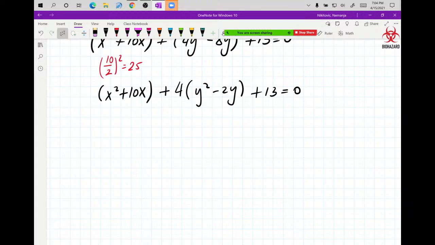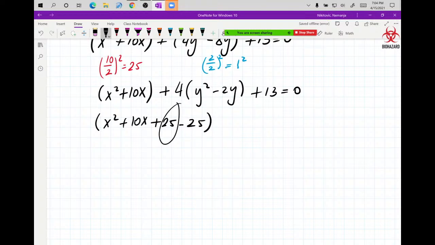And now you do your completing the square. So we already figured out completing the square for the first one. Second one has 2 divided by 2 is 1 squared. Now, the way this is done is you add and subtract these numbers that we calculated inside the parentheses. So we have x squared plus 10x plus 25 minus 25.